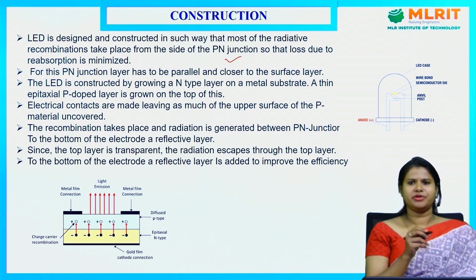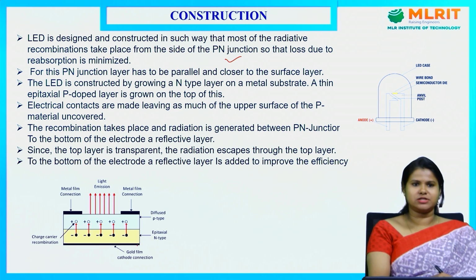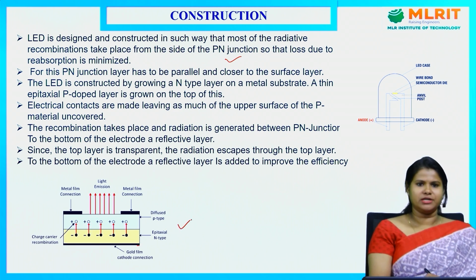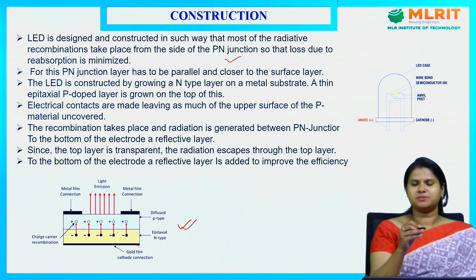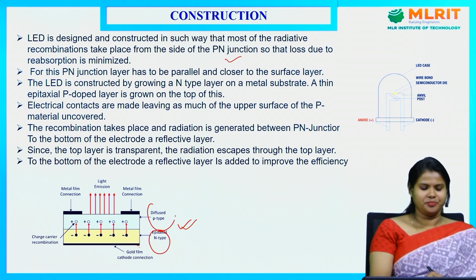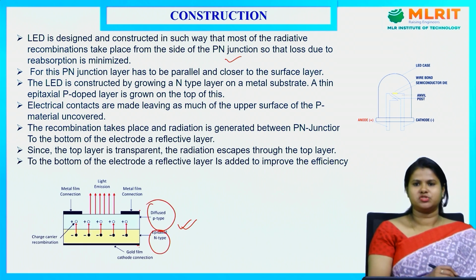Here we can see in this diagram, on a metal substrate we are growing an N type semiconductor, and on this N layer we are growing another P type semiconductor. So it's nothing but a PN junction.